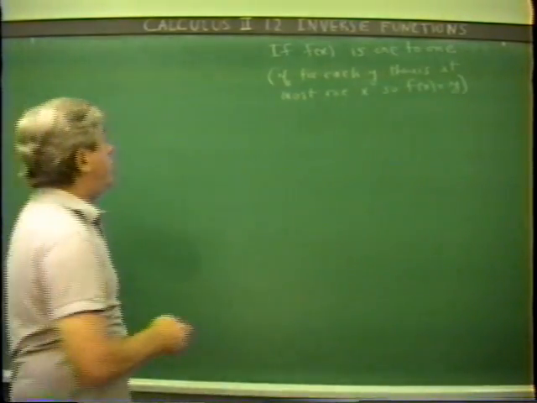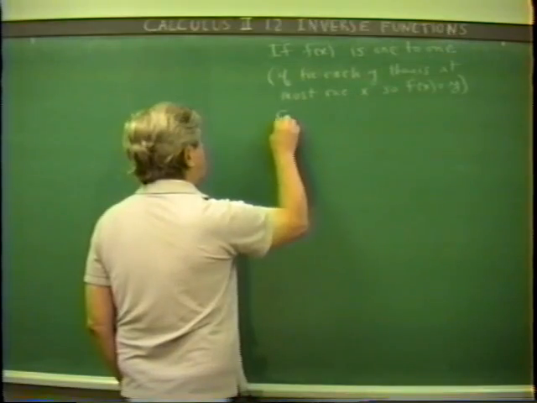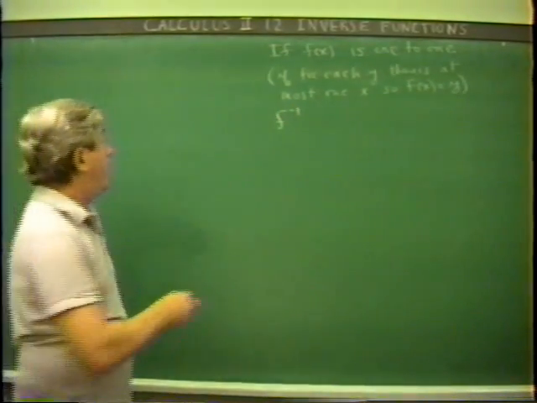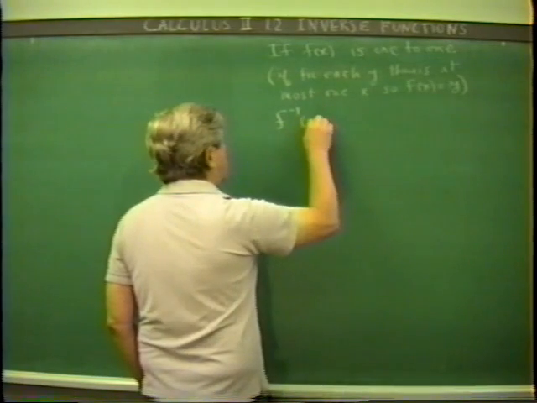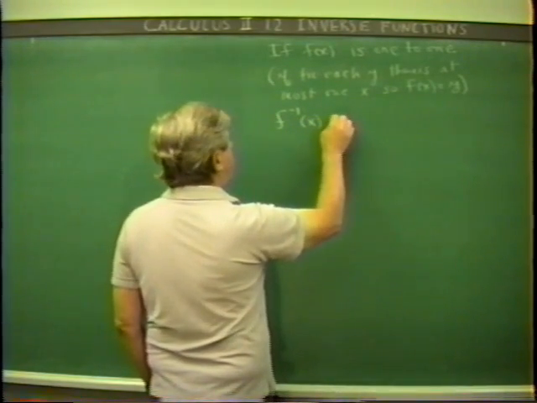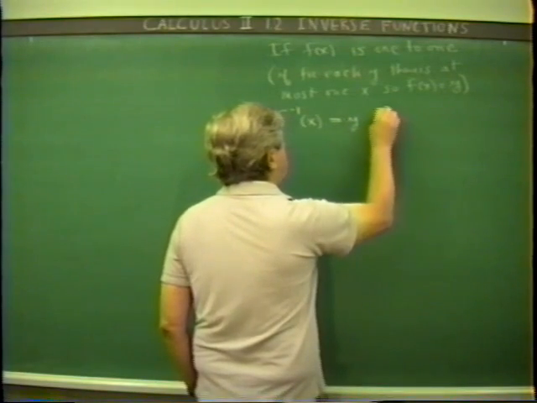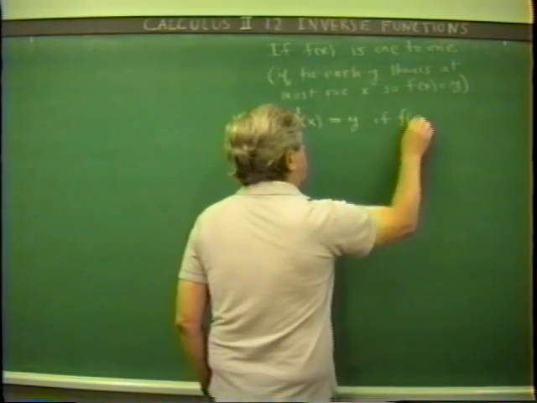then we can talk about the inverse of function f, and that's written f to the minus 1 of x. And f to the minus 1 of x is going to be equal to y if f of y equals x.